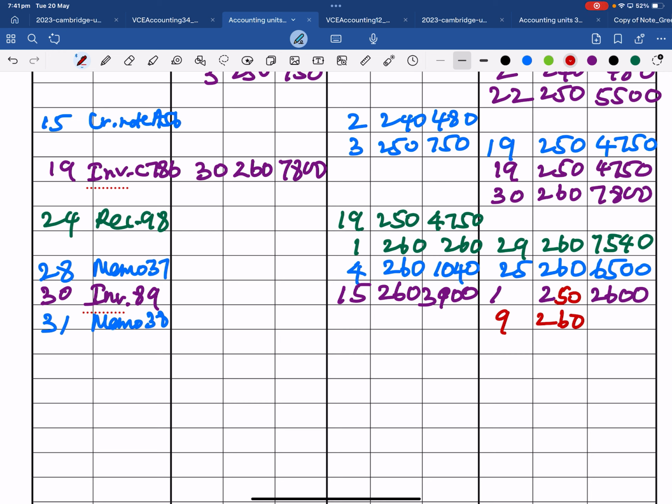But can I ask a hypothetical? What if the physical inventory take at the end said there are 8 at 260, but there's also one at 240? Yeah, that means it will still be inventory loss.